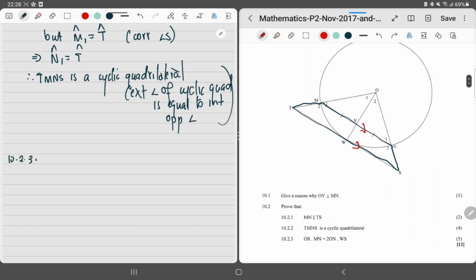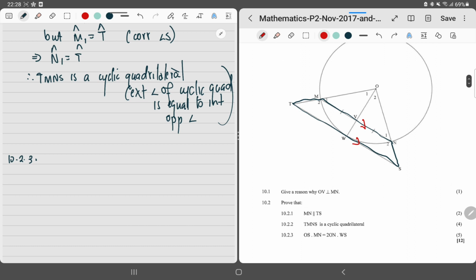10.2.3. So we need to prove that OS multiplied by MN is equal to 2ON multiplied by WS. So what I tend to do with such questions, I know for the fact that there's a multiplication sign. I need to prove similar triangles, or it can be the proportionality theorem.